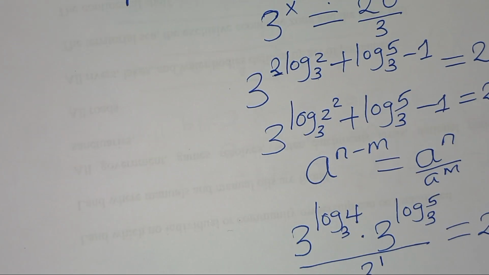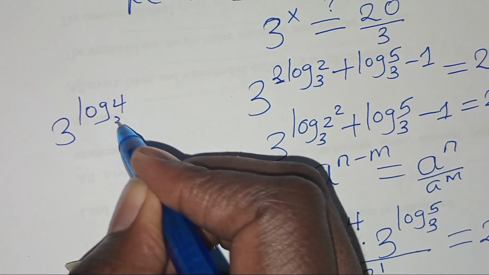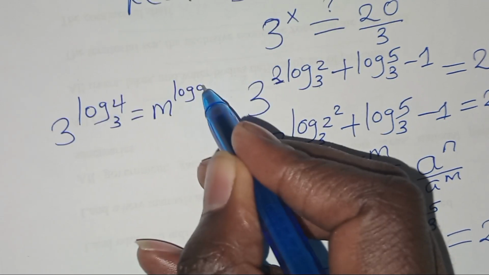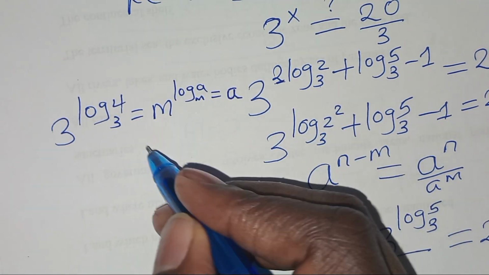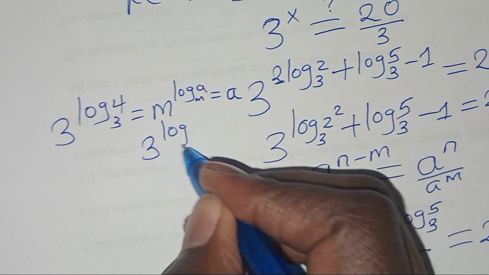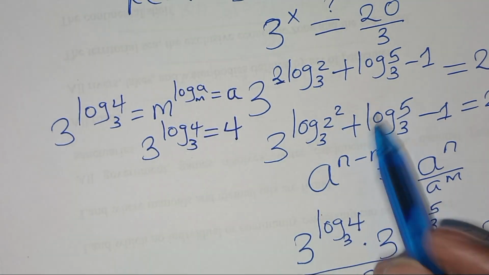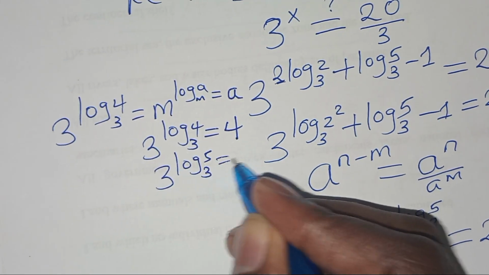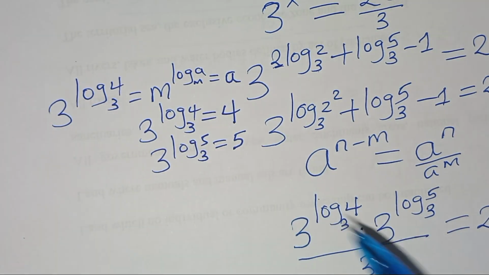Now from here, we have that 3 to the power log 4 to base 3. This is in the form of m to the power log a to base m. This is essentially supposed to give us a value of a. So 3 to the power log 4 to base 3, this is equal to 4. And then we have 3 raised to the power log 5 to base 3, this is equal to 5. So let's substitute these values here.